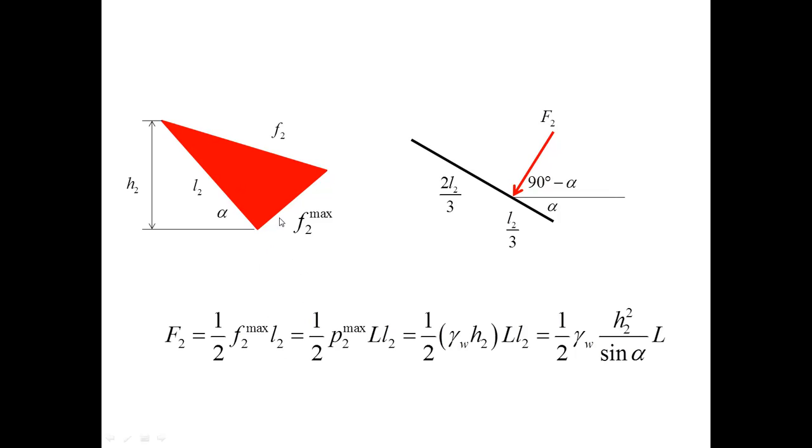The triangle has the base F2 max and the height L2, and F2 max is related to the pressure P2 max by P times L, and now the pressure is still computed as gamma times H, and in this case it is H2.